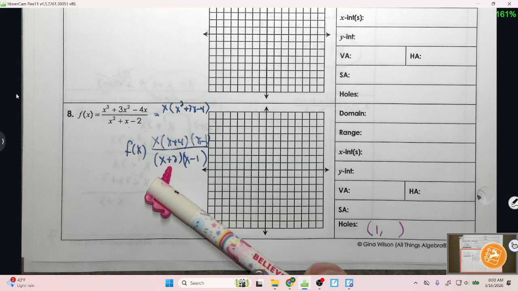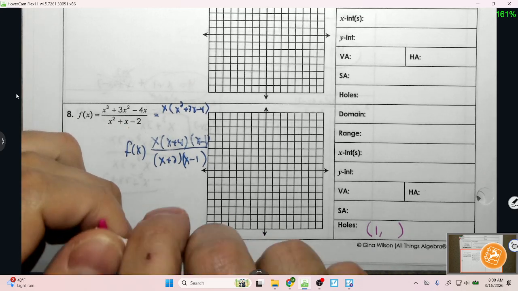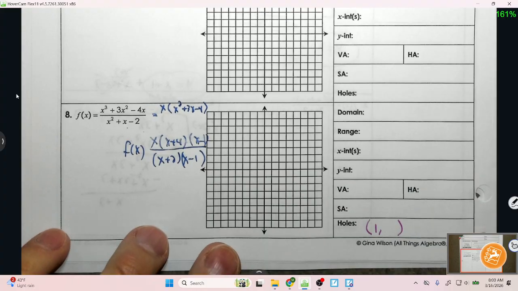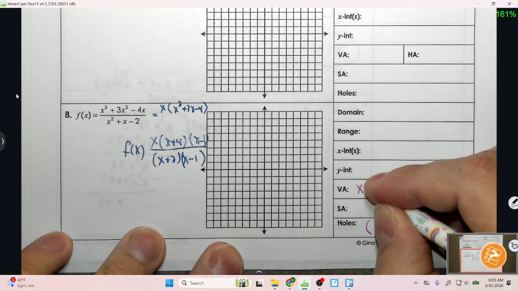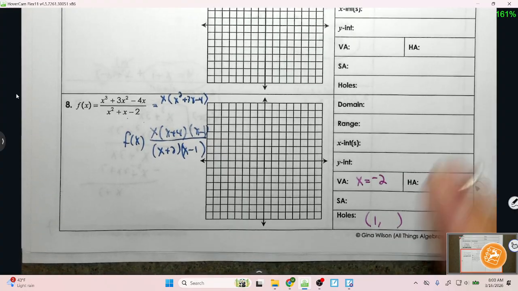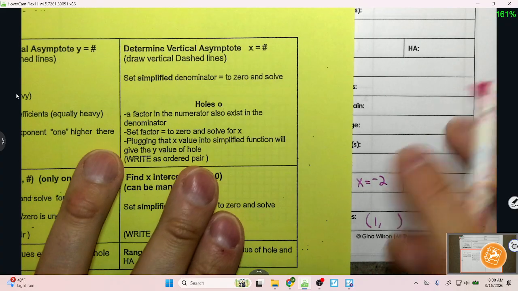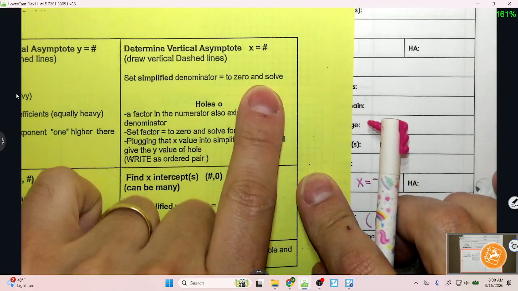Do you know? Vertical asymptote. You don't know? Okay. Well, I need to know if you don't know. x equals negative 2. If I'm going too fast, I need to explain it better. So we have a vertical asymptote when we set the denominator to 0 and solve.